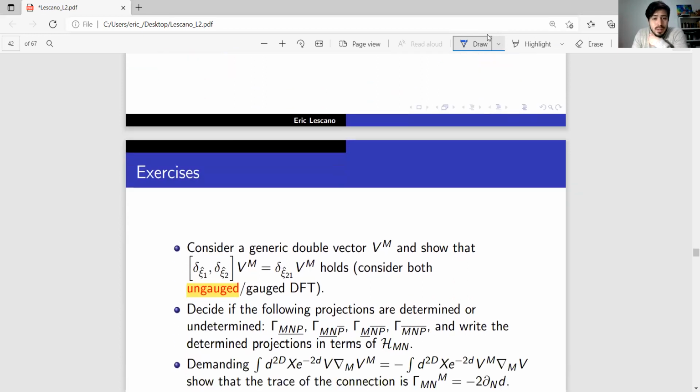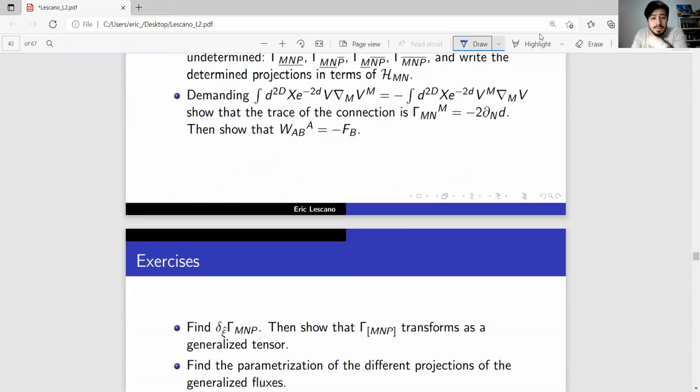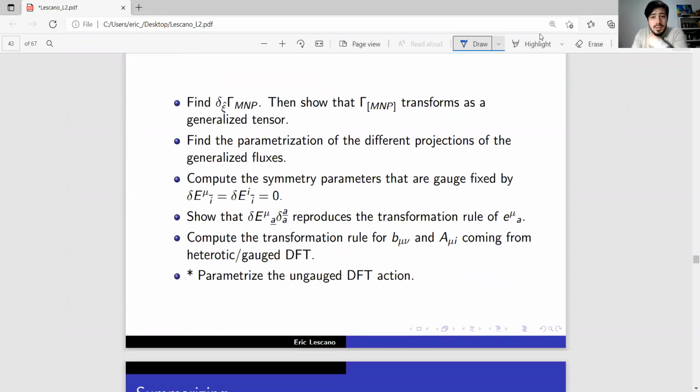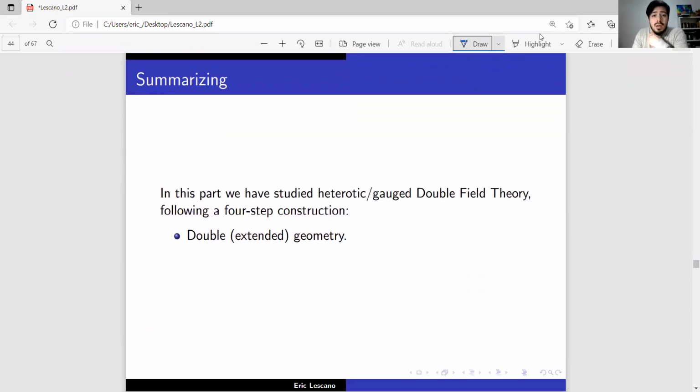Okay, so here we have the exercises. This yellow mark means that Gianluca has already done this part, but you can, of course, do the gauge part. You have a lot of exercises, so we can enjoy this part. And here we have just a summary in order to clarify some points.